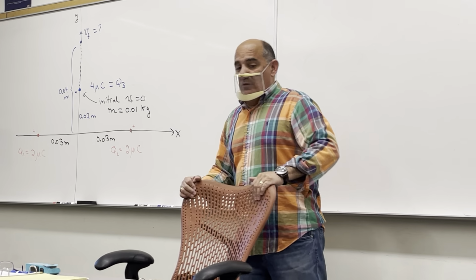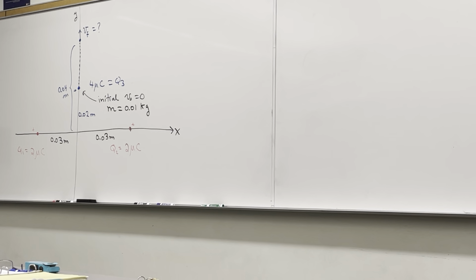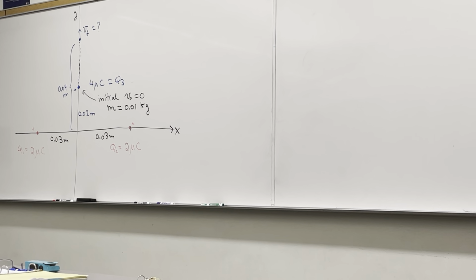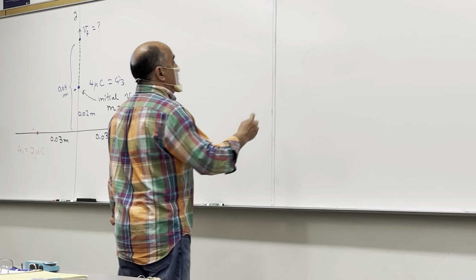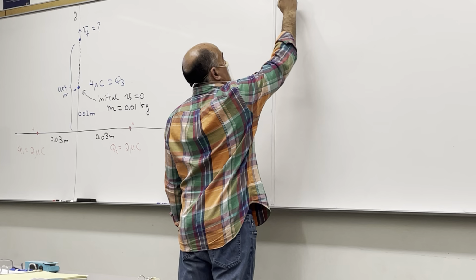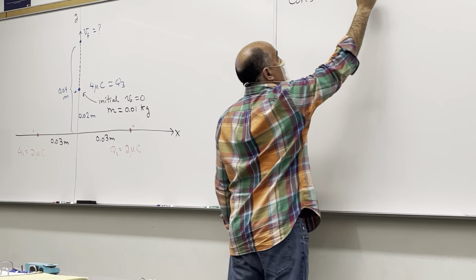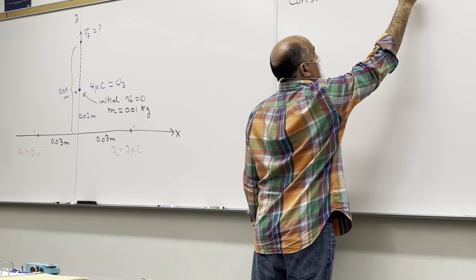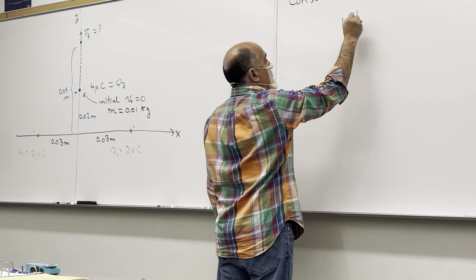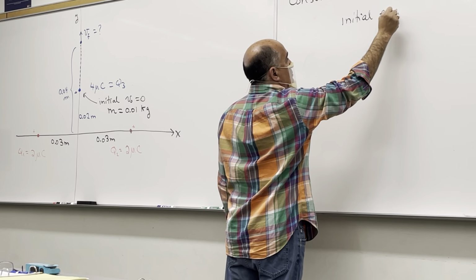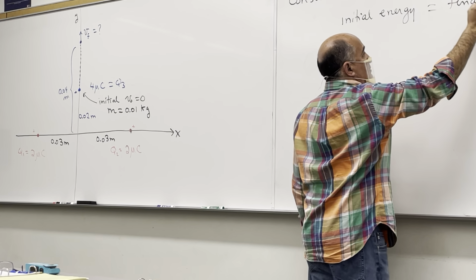So I can just equate the kinetic plus potential energy at the beginning to the kinetic and potential energy at the end. From conservation of energy, the initial energy equals the final energy.